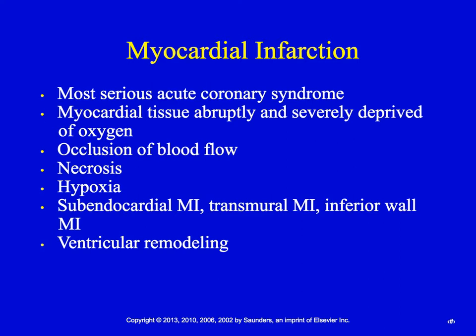The infarction that happens in the muscle can involve all of the layers of the heart muscle or may only involve the subendocardium. If it does spread to all three of the layers of the myocardium, it's called a transmural. And of course, as you can imagine, the injury is going to be worse if it's transmural.